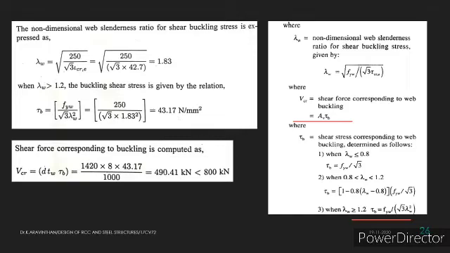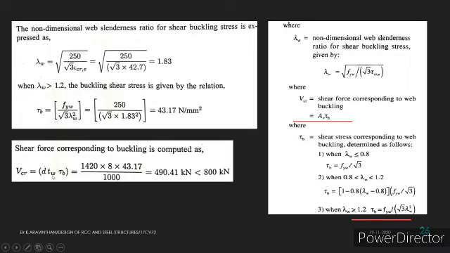43.17. After finding this, we have a formula to find critical shear, that is Av into tau b. Now we know that tau b is 43.17. We can substitute here, and the area, which is the buckling area. What is this buckling area? This is depth and thickness of the web.